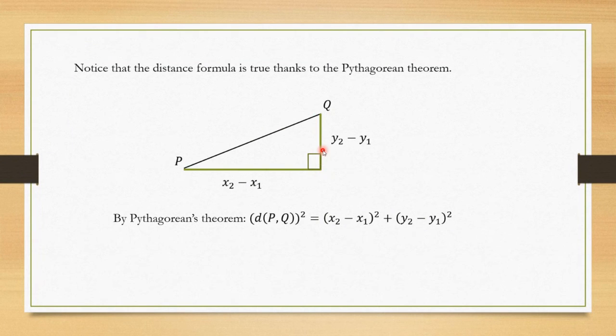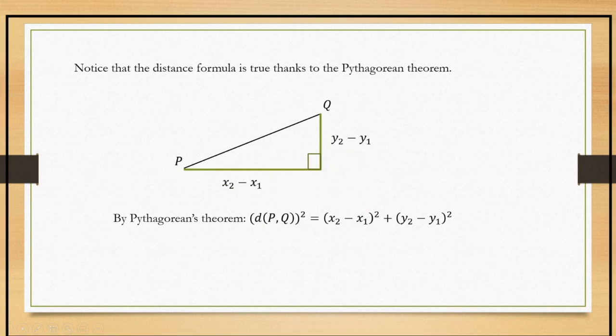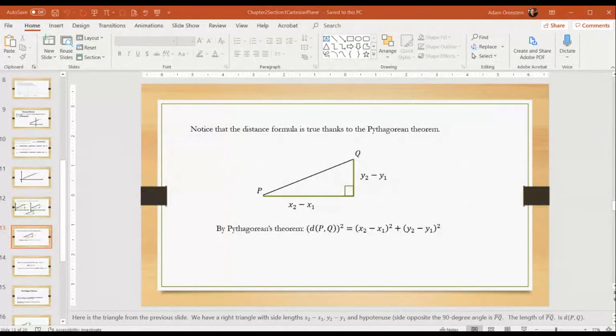Then to get the length of PQ, we just use the Pythagorean theorem, and that's what I'm doing here. Again, it's only a sketch of the proof because we don't know where P and Q are relative to the x and y axis, but hopefully that gives you the idea.